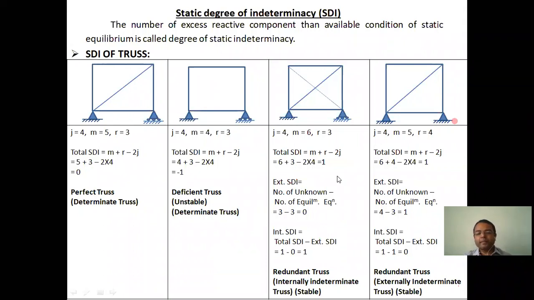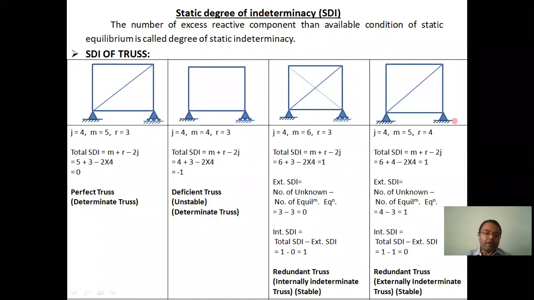Next, again in this truss, I just added two members, 1 and 2. Always first I'll write the number of joints. So here I've considered joints 1, 2, 3 and 4.